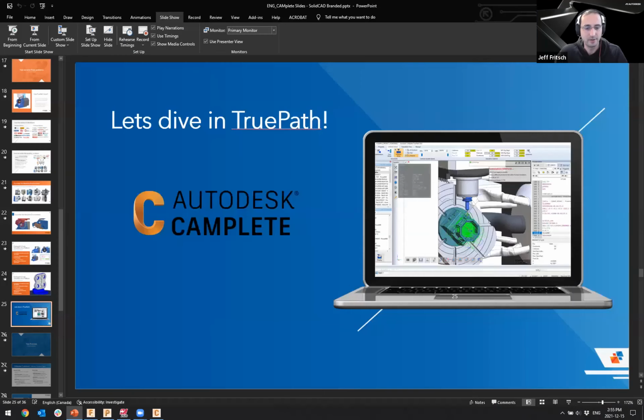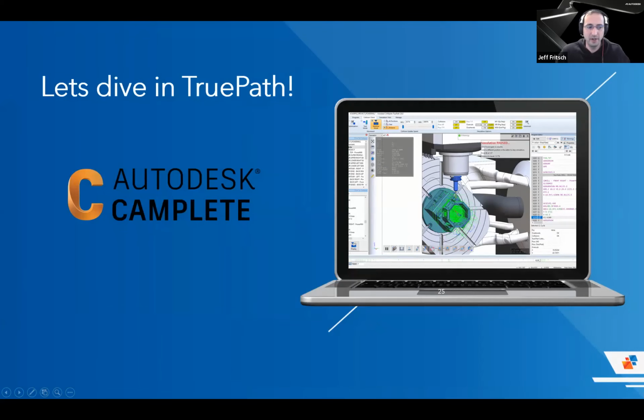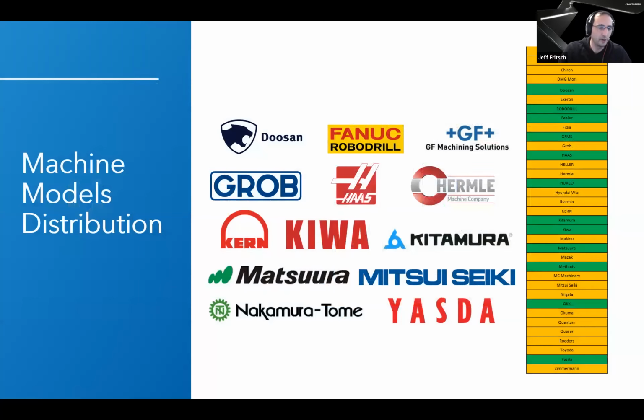So let's just go back there quickly. I think there were a couple of things. As I was saying, there's obviously a number of machine partners that we have worked with very closely over the years, but that doesn't mean this list is limited.